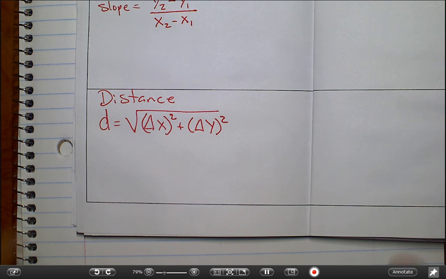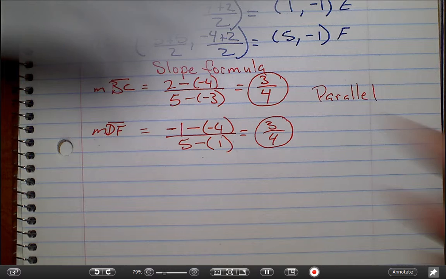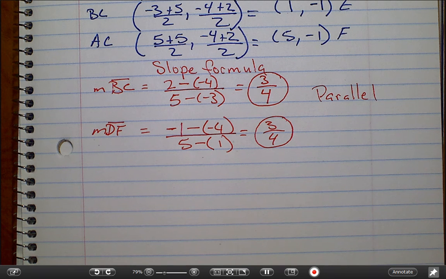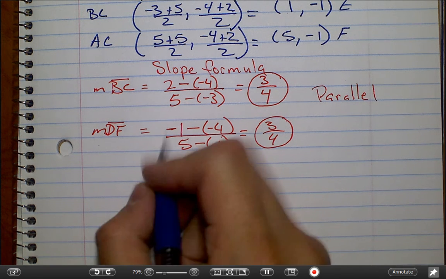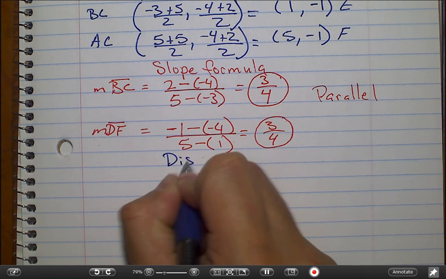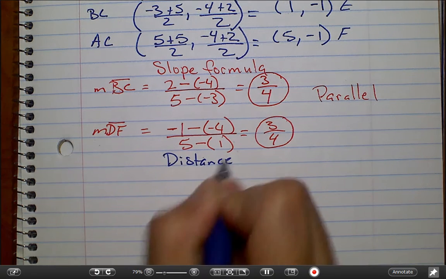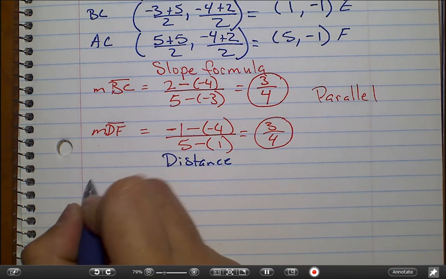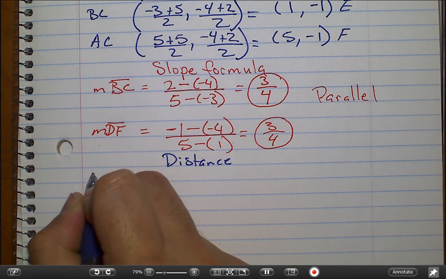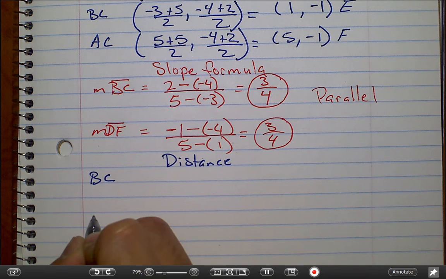Alright, so given this formula, let's take a look. And it says we need to find the distance of BC, and I need to find the distance of DF.